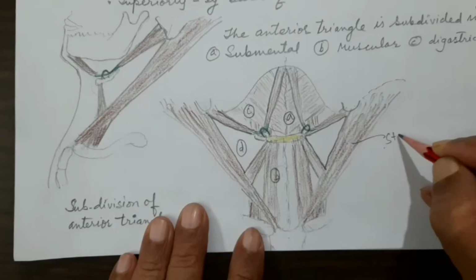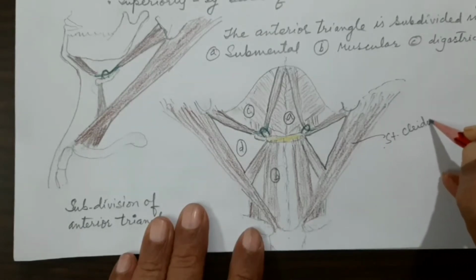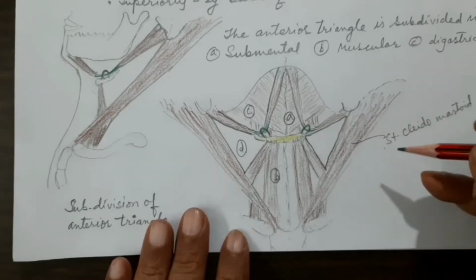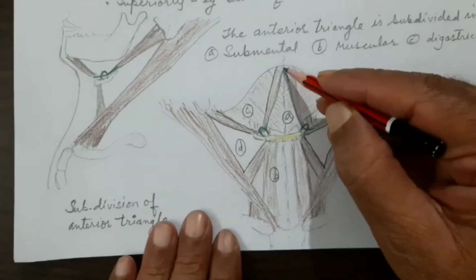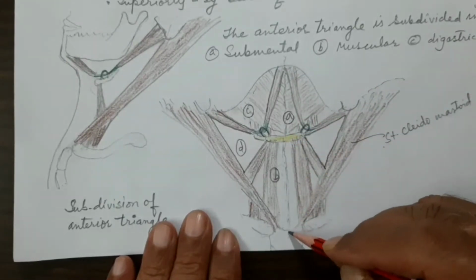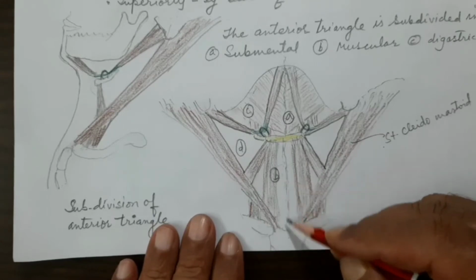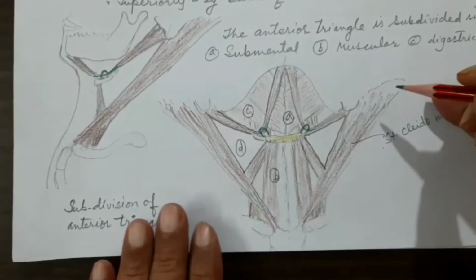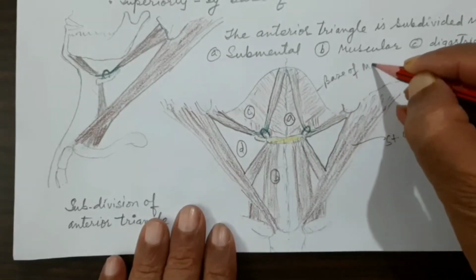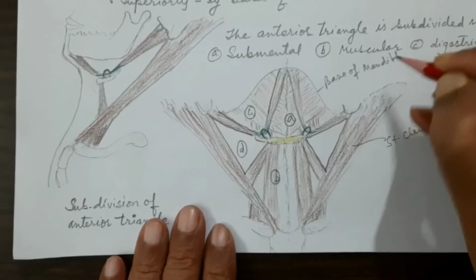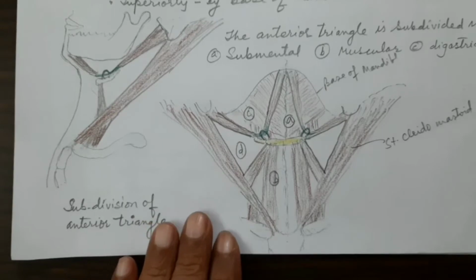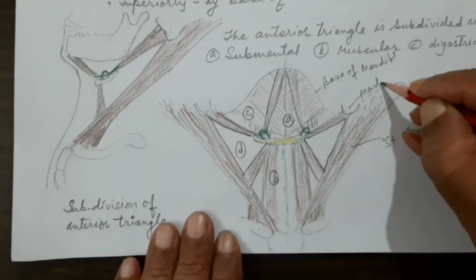This is the sternocleidomastoid muscle, or sternomastoid in a simple way. Then this is the midline from the symphysis menti passing through the hyoid bone right up to the sternal notch. Here is the midline. This is the base of the mandible, the lower margin of the body and the ramus, which is called the base of the mandible. This is the mastoid process.